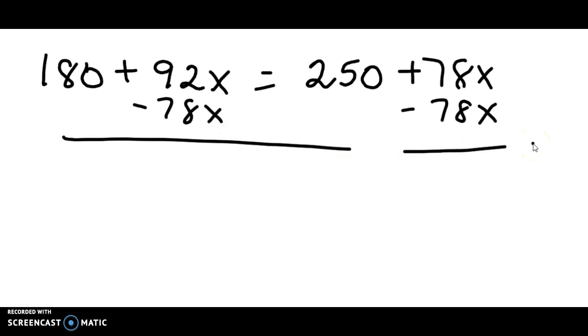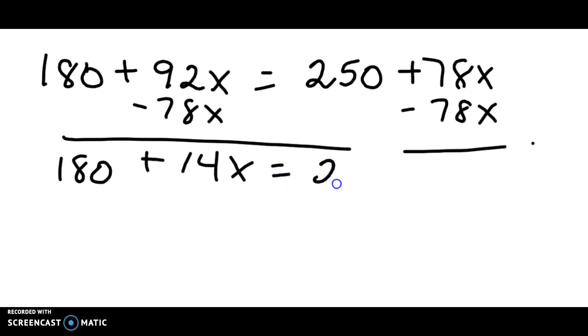Hold on a sec. Sorry, I had to go get my dog. Okay, so now we have 180 plus 14x equals 250. And then we want to get our constants on the other side, or start solving for x. So we're going to subtract 180.